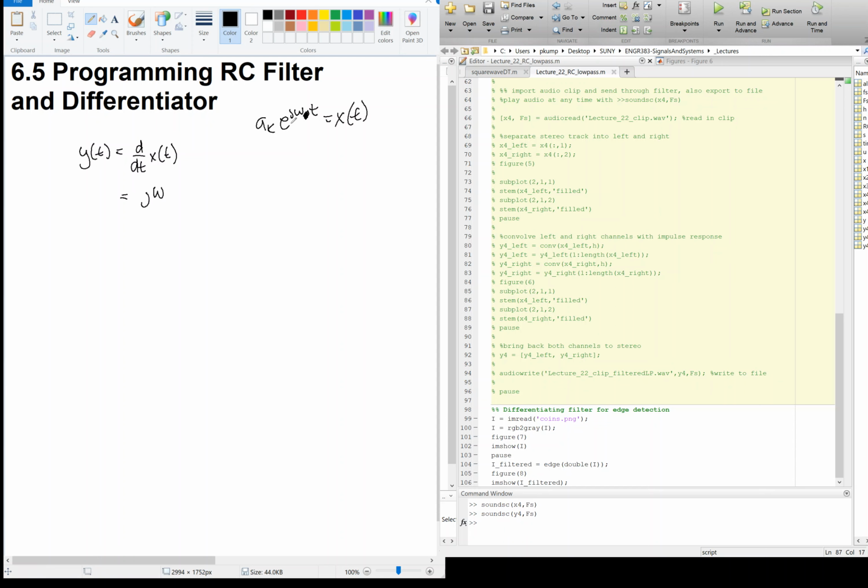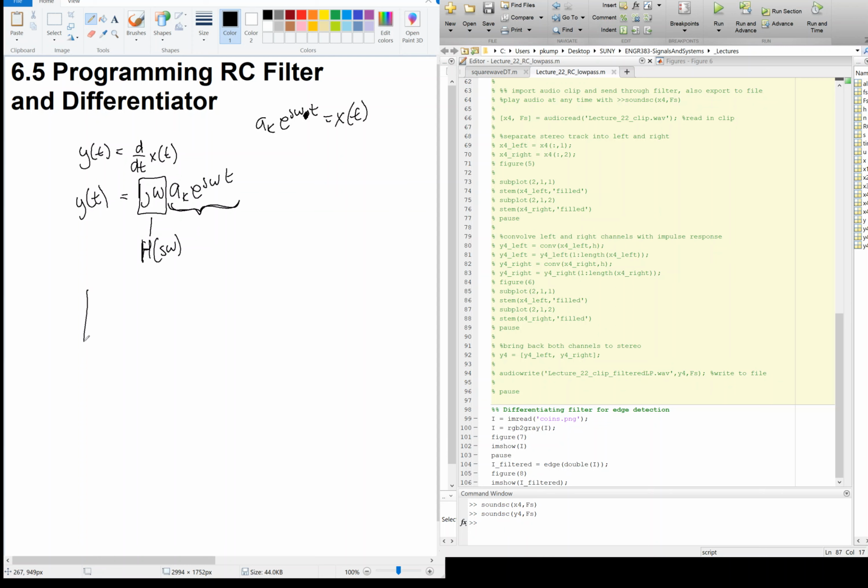Then the output is j omega times a_k e to the j omega t, right? And so, of course, I get back what I started with. That's the idea behind a linear time-invariant system. And this thing that's multiplying it, this is the frequency response. So hopefully you understand that by now. Okay, that's the frequency response.